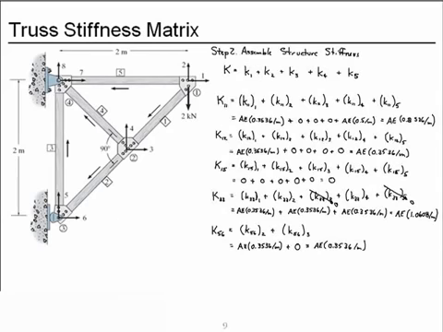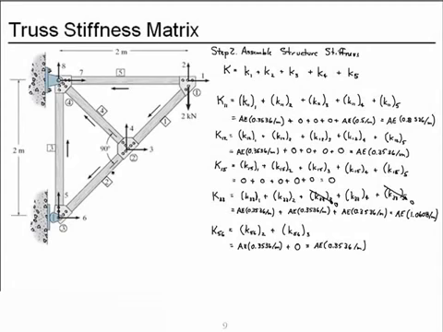We then assembled the structure stiffness by adding up the coefficients from each of the 5 members, and we observed that if a member does not meet at those degrees of freedom, then it does not contribute to the structure stiffness.